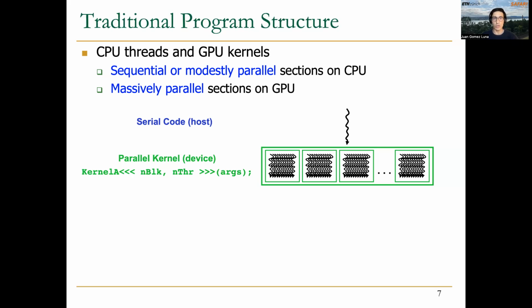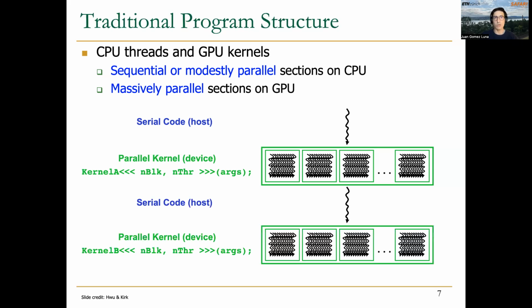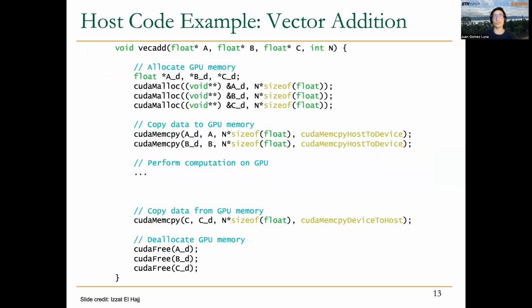When the kernel terminates, the control returns to the host that may execute some more serial or modestly parallel code, and eventually we may launch a different kernel, or maybe the same one in iterative algorithms.